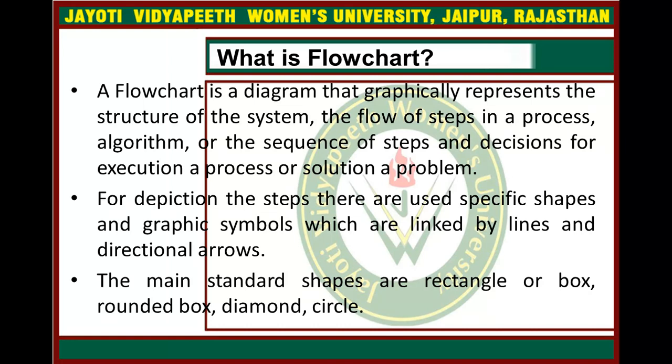For depiction of the steps, specific shapes and graphic symbols are used, which are linked by lines and directional arrows. The main standard shapes are rectangle or box, rounded box, diamond, circle.